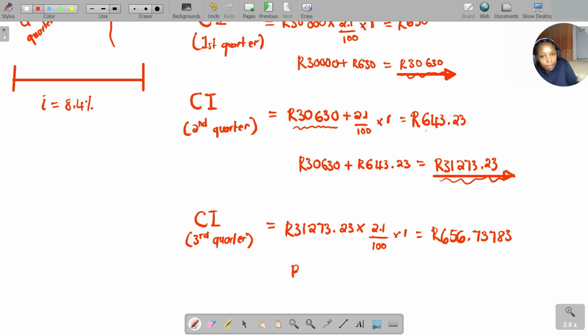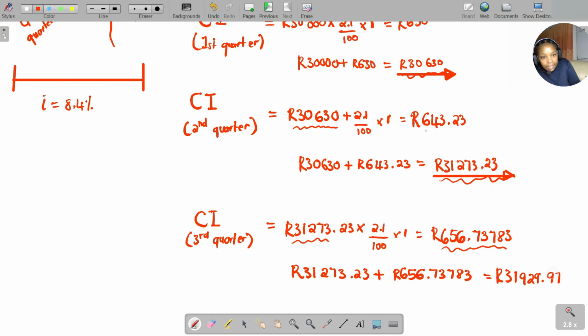Meaning that the total amount that she owes her parents in the third quarter will be 31,273.23 plus that 656,73783, which is equal to 31,929, comma, I'm just going to round it off to 2 decimal places now, 97. So that's how much she owes her parents at the end of the third quarter.